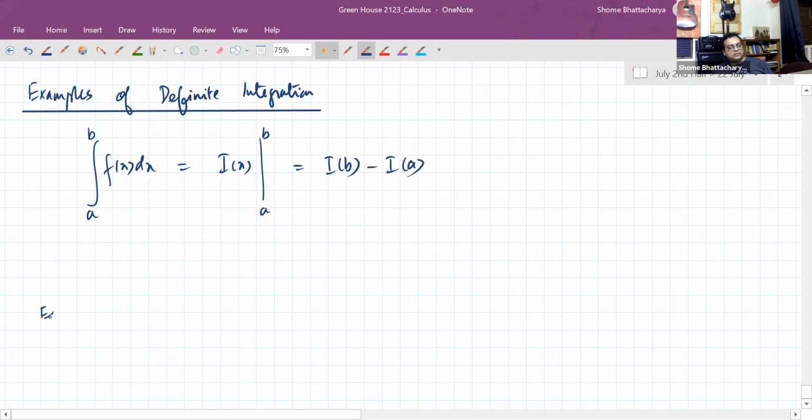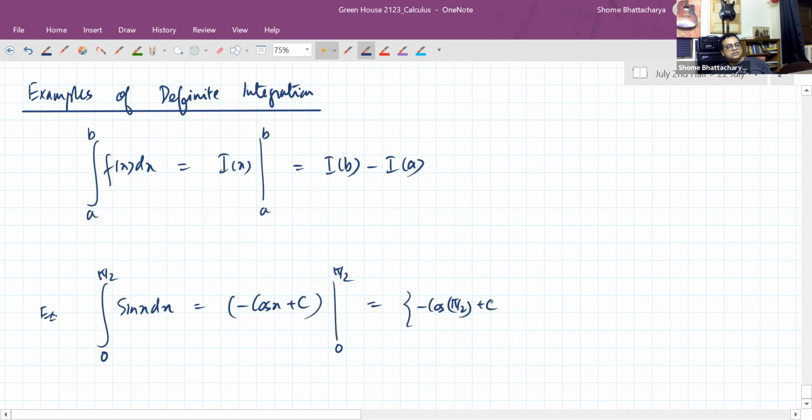So for example, if we have integration of sin x from 0 to pi by 2, the antiderivative of sin x is minus cos x. So on that we have to put the limits 0 to pi by 2. So it will become minus cos pi by 2 plus c. C actually cancels out, so we need not write it also.